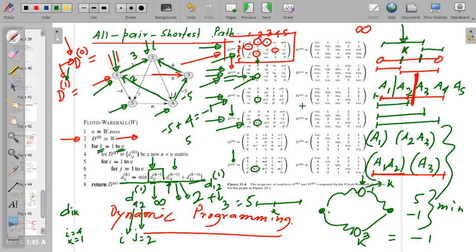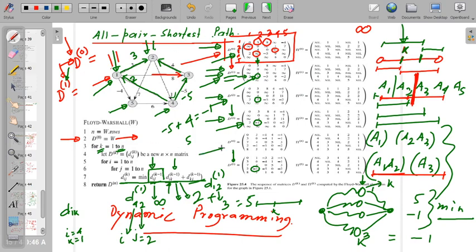That means all such k, so there might be another k from here to here. So all such k I am considering, and over all such iterations, the minimum one I'll be finding. So this is the philosophy of all pair shortest path.